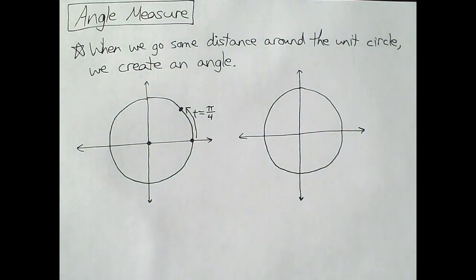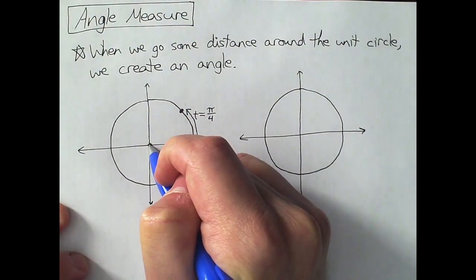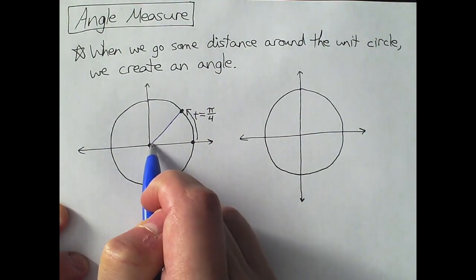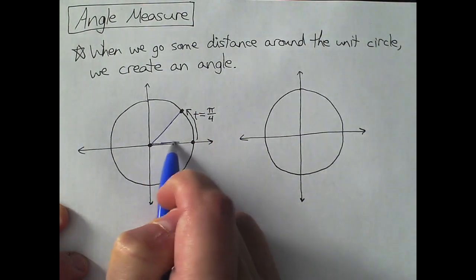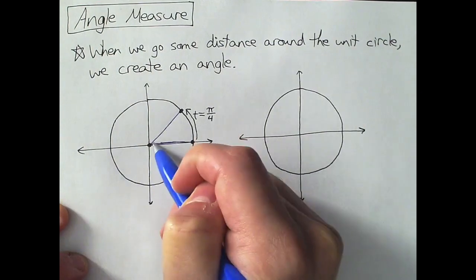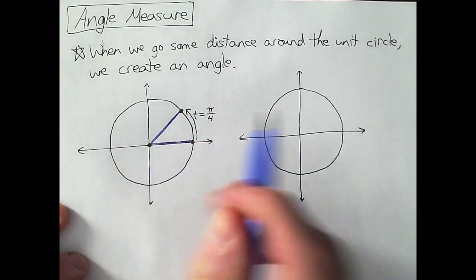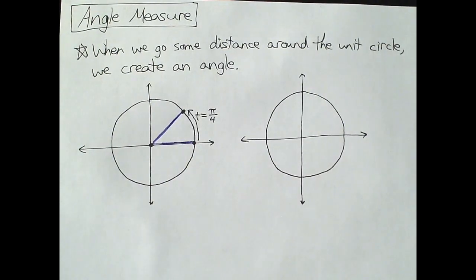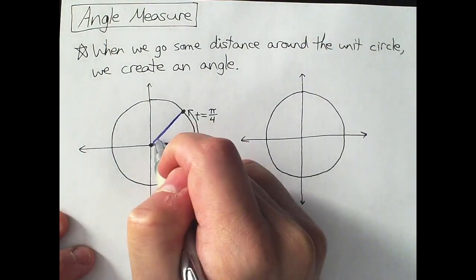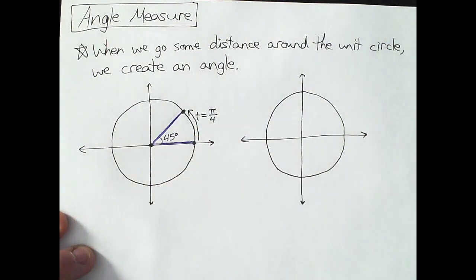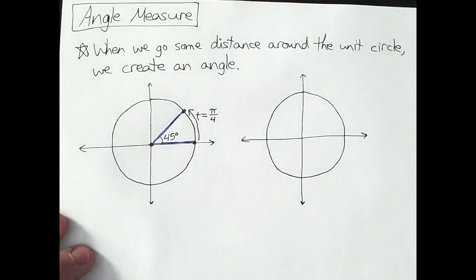I'm going to draw a line from the origin to the terminal point, and also from the origin to the starting point. That creates an angle, and we say that that angle is 45 degrees. We'll talk a little bit more about degrees soon.